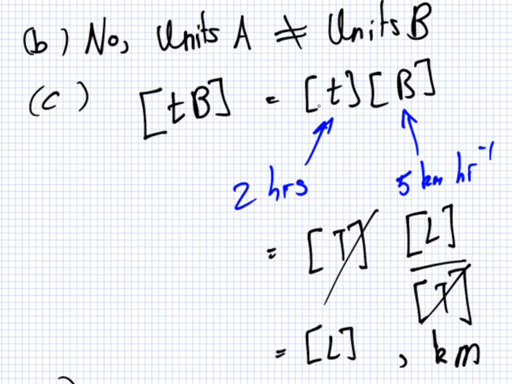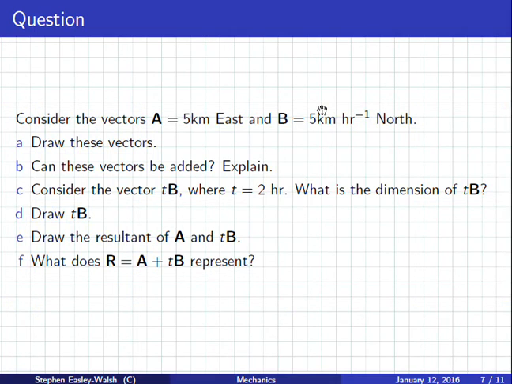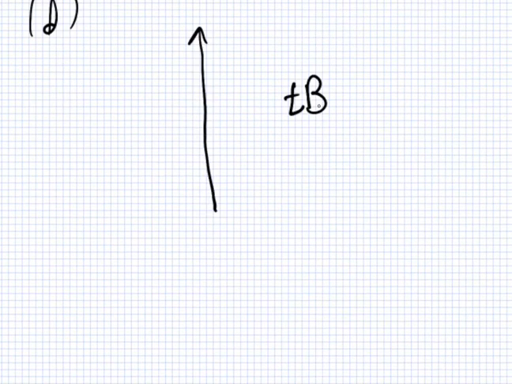Yeah, so it doesn't matter that they're vectors. What's more important is that they have the same units. So in fact here we say no, because the units of A, or the dimension of A, does not equal the units of B, which means it's not possible to add them.